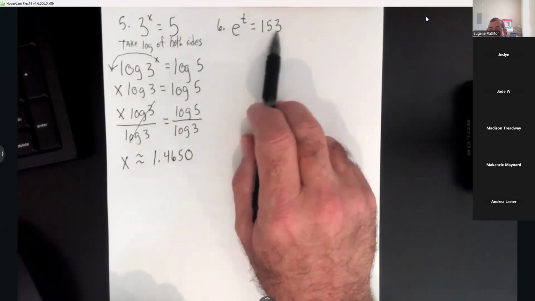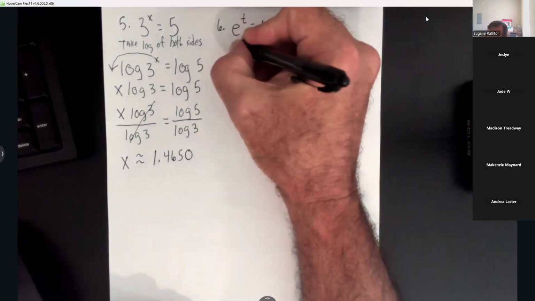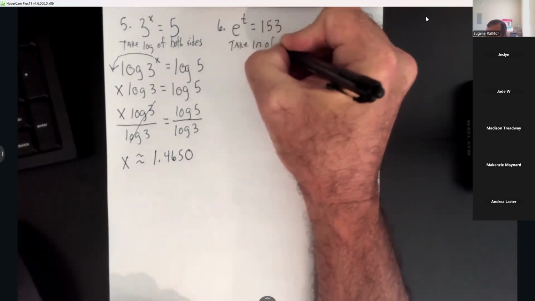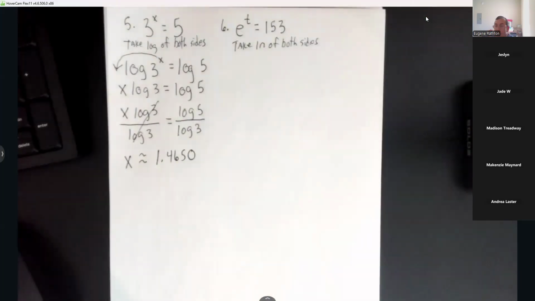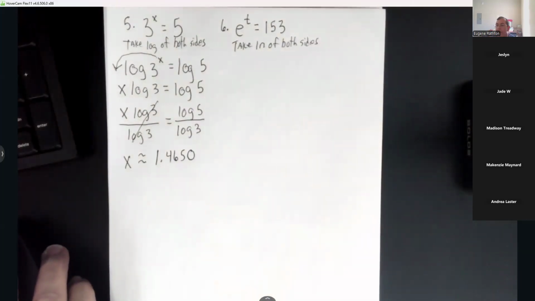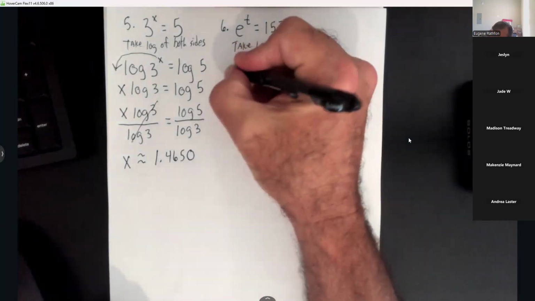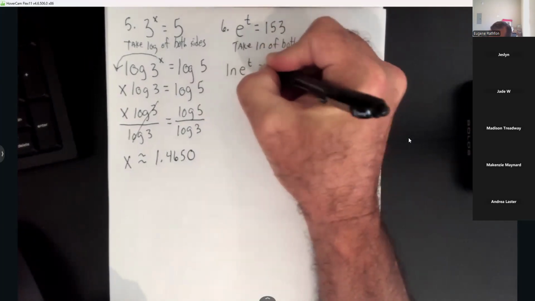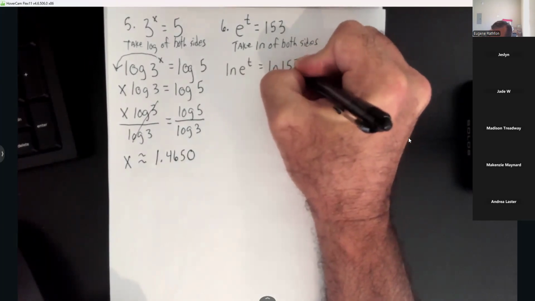So since I cannot rewrite both sides using the same base, on this one, I'm going to take LN of both sides. Okay, so we'll take an LN of both sides. LN of E to the T will equal LN of 153.